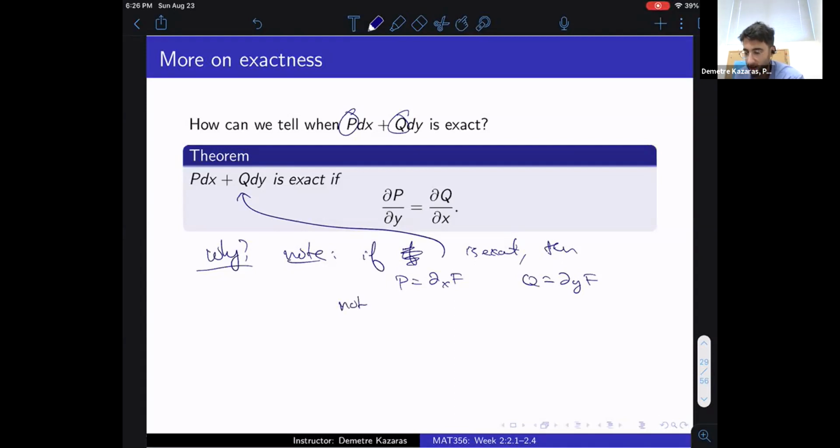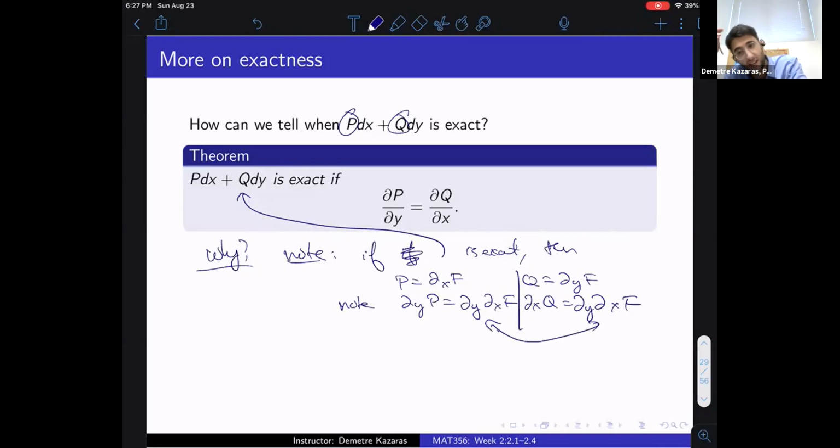And now notice that dy of p will be dy dx of f. You just take the y derivative of that equation a little bit above it. Likewise, dx of q is equal to dx dy of f. You might remember this from vector calculus, but it's an interesting thing that's not totally obvious: the order of differentiation does not matter for a nice, smooth function whose derivatives are continuous.